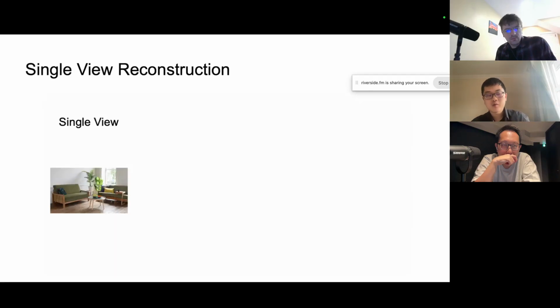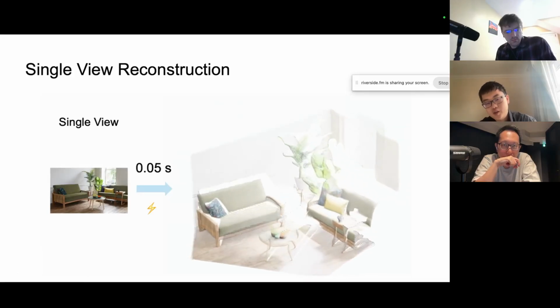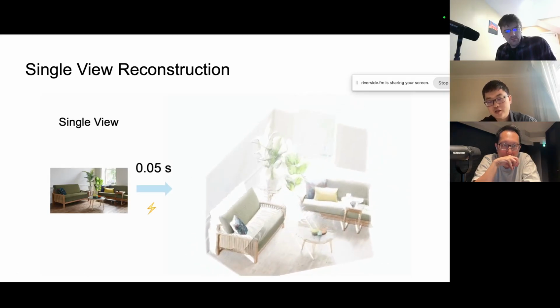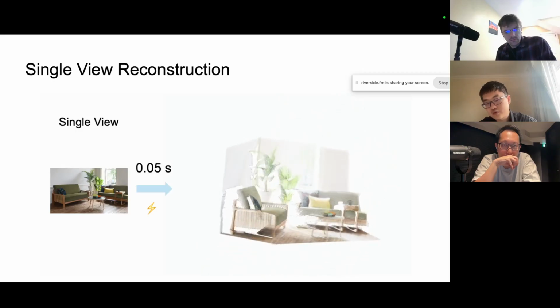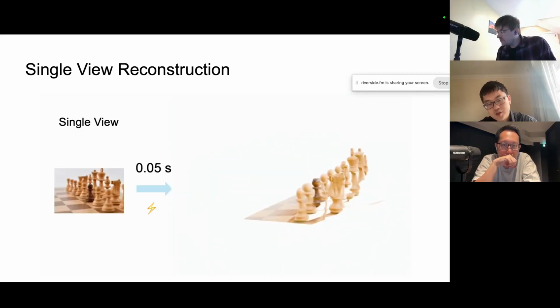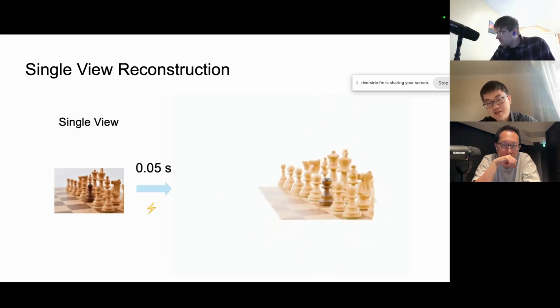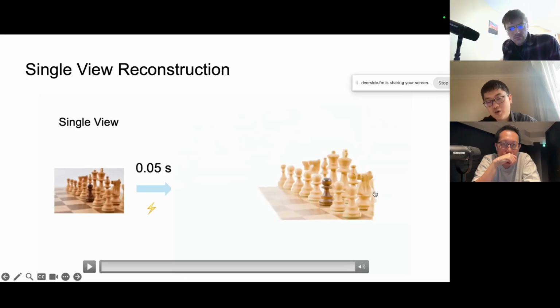And one even more unexpected task is single view estimation. Our model was only trained for multi-view tasks, like 2 views, like 100 views, or even more. It was never trained for single view tasks. So we were a bit surprised that the model can even handle single view estimation quite well like this.